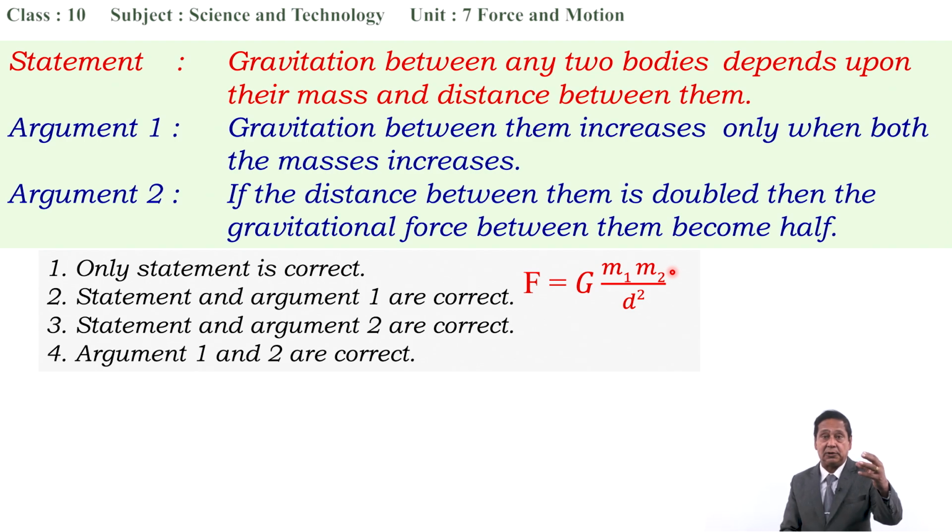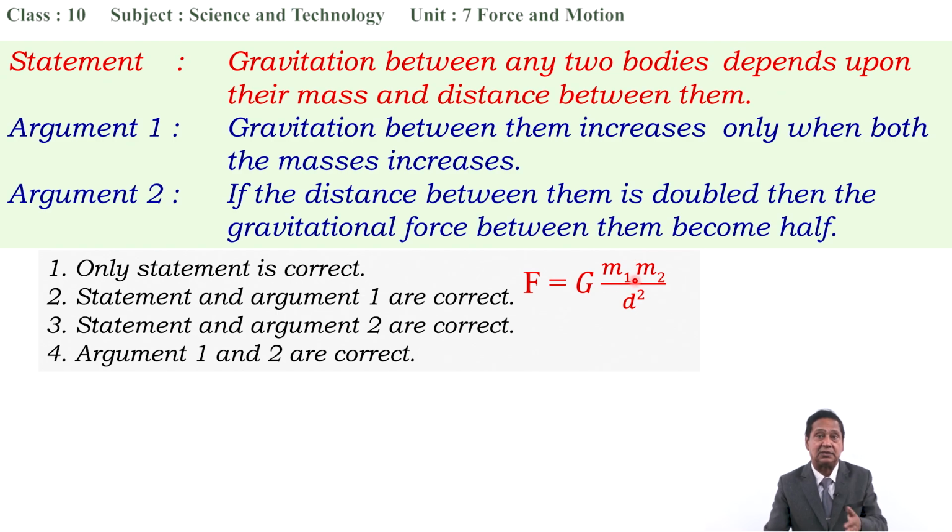If m1 is 5 kilogram and m2 is 10 kilogram, 5 into 10 becomes 50. At this time we have the product 50, and if m1 also is 10 kilogram and m2 also 10 kilogram, then 10 into 10 becomes 100. The product is more at this time. That's why whether one of the masses increases or both masses increase, it doesn't make any difference.